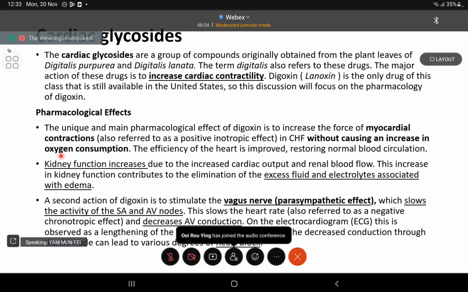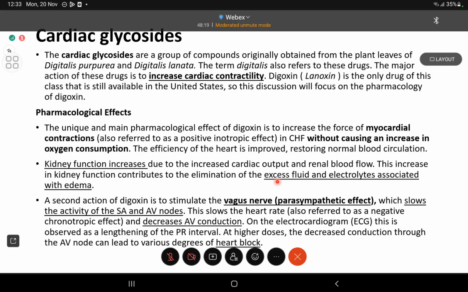So that's why kidney function will be increased directly because you are using this cardiac glycoside. By doing so, your kidney is able to excrete extra fluid and ions that are associated with edema.